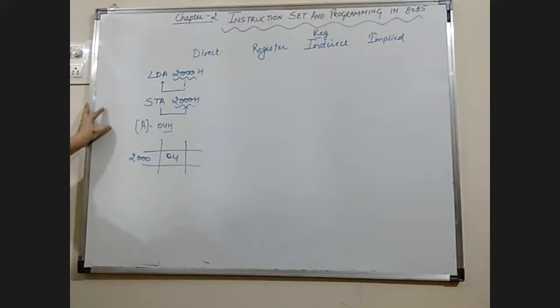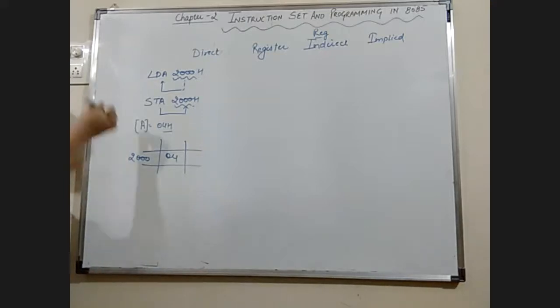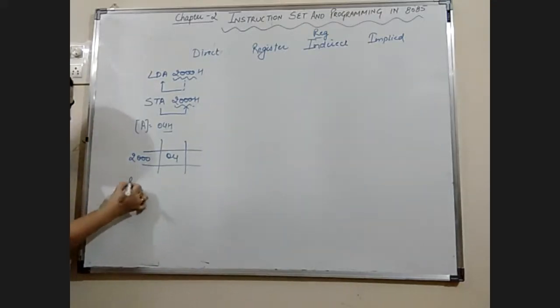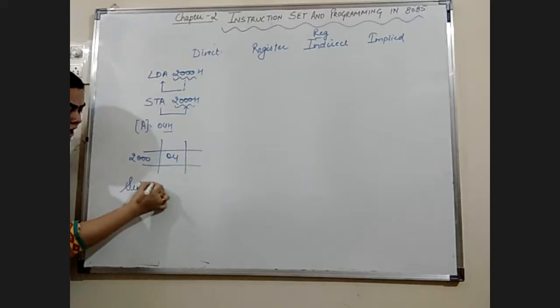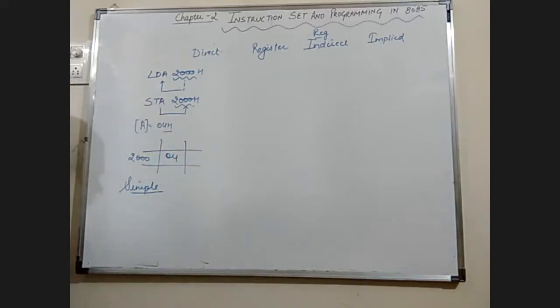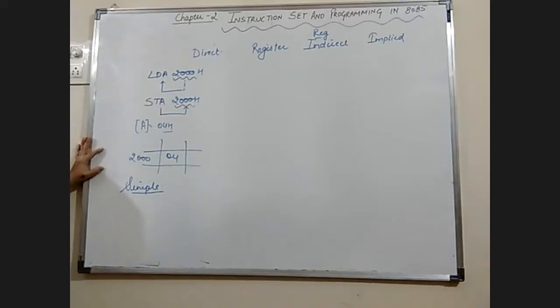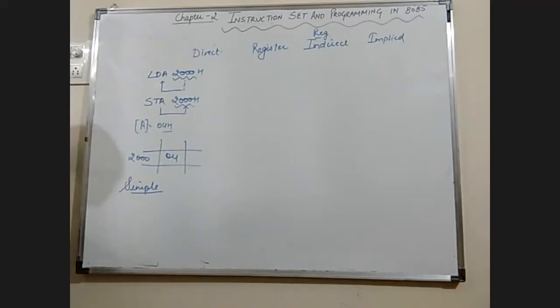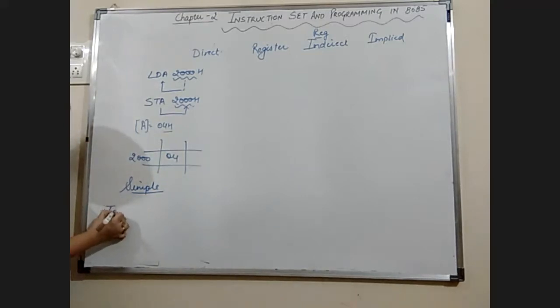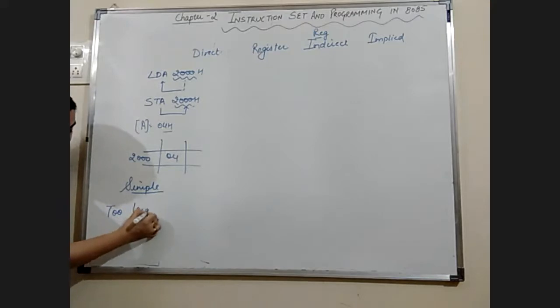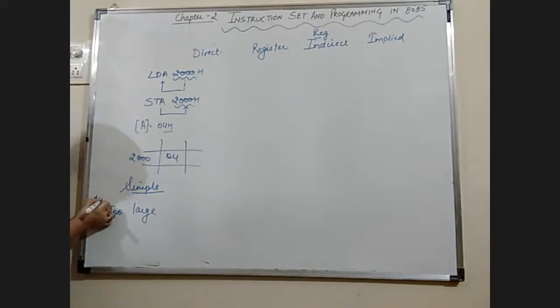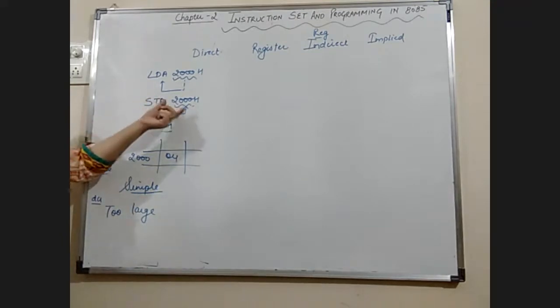Now the advantage of this type of addressing mode is that it is simple. Why? Because the address is directly given in the instruction. So these are simple instructions. But the disadvantage is that these instructions are very large. Why are these large? Because the address is given in the instruction.